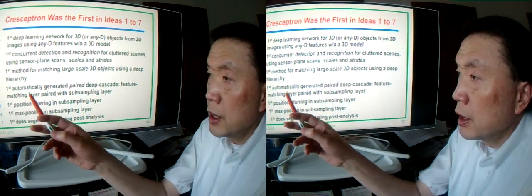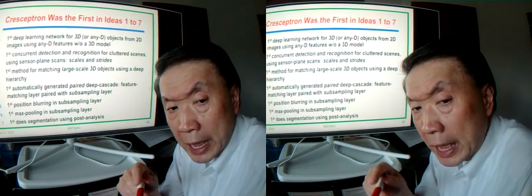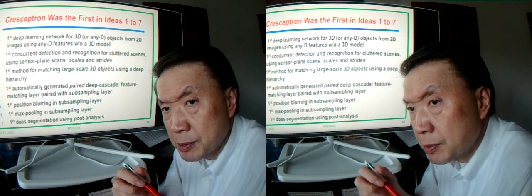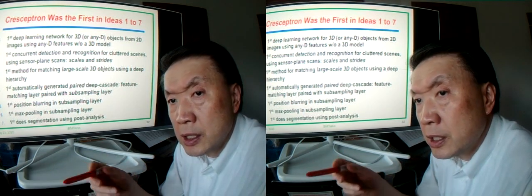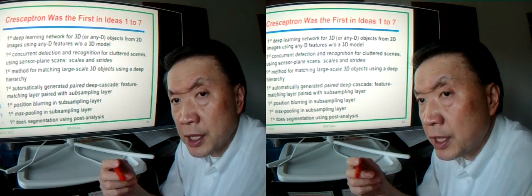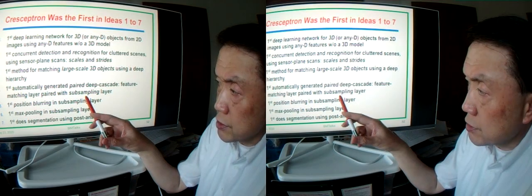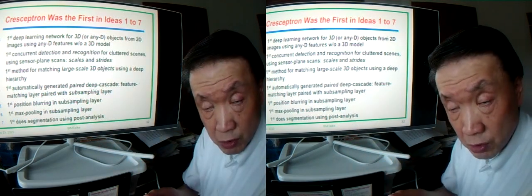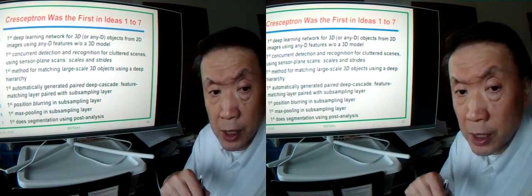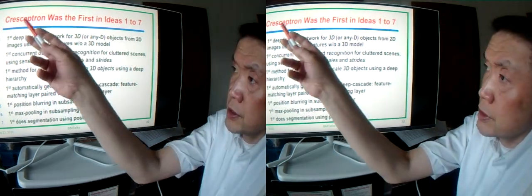Feature matching is in Fukushima, but subsampling is not. Fukushima knows the particular object he was learning, and he handcrafted, I think, the number of neurons for the complex cell layers, but we have to do it automatically because we don't know what object you are looking at. So subsampling is one of the major advances of the Cresceptron.